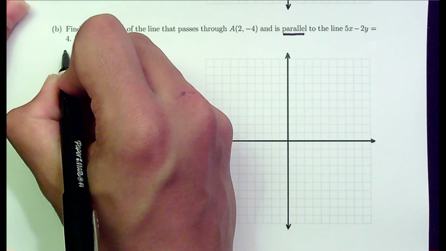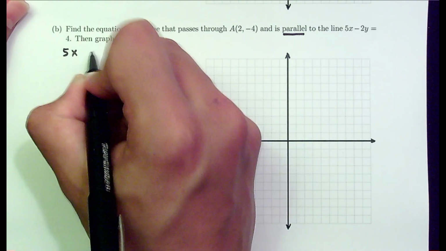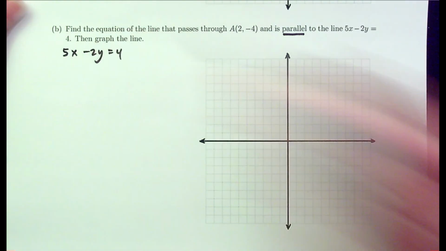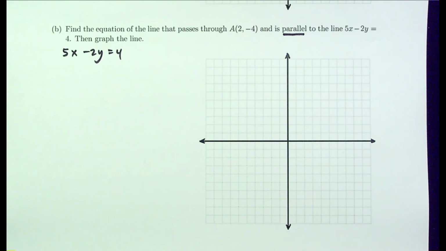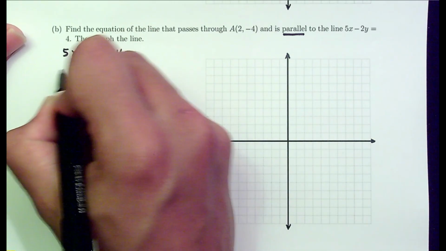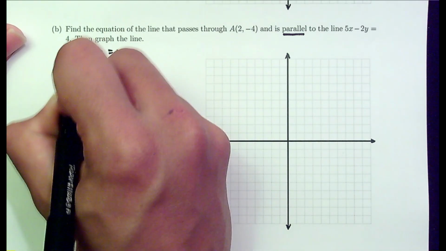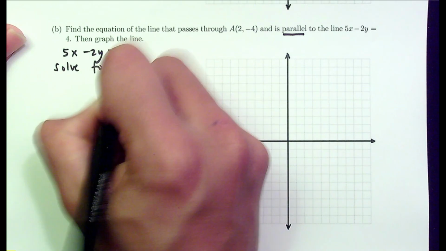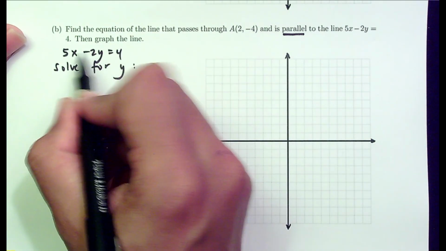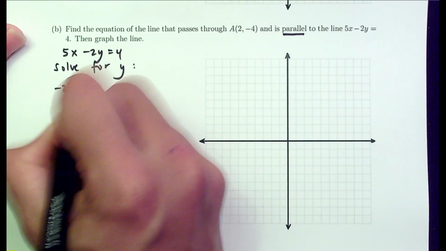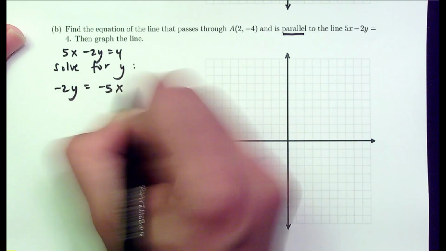Okay, so 5x minus 2y equals 4. What is the slope of that? To figure out the slope, we have to solve for y. So let's solve for y. Move the 5x over. So minus 2y equals -5x plus 4.